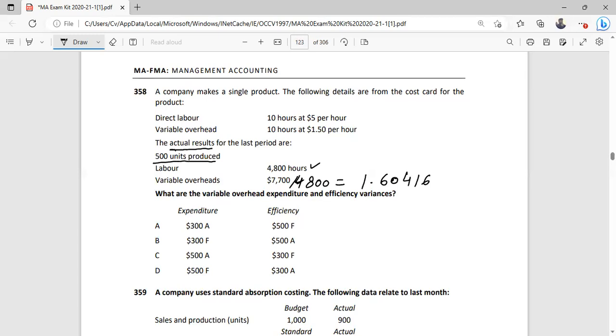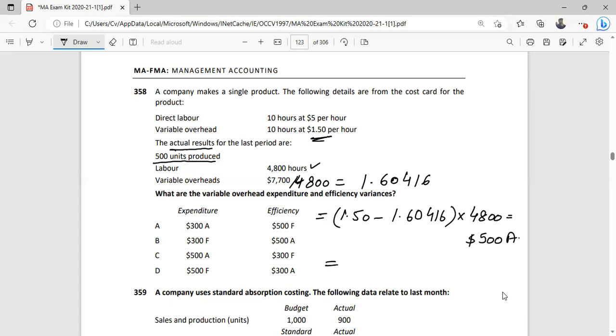What are the variable overhead expenditure and efficiency variances? Expenditure variance means budgeted variable overheads per hour, which is 1.5, minus actual variable overheads of 1.60416, into actual hours paid. So you can calculate that your actual variable overheads are greater than the budgeted. That's why it is adverse with $500.